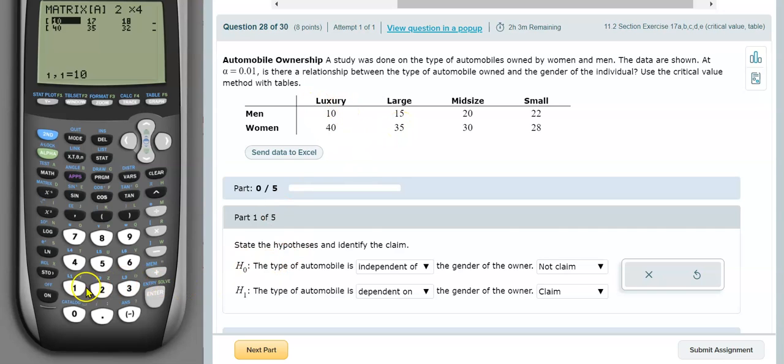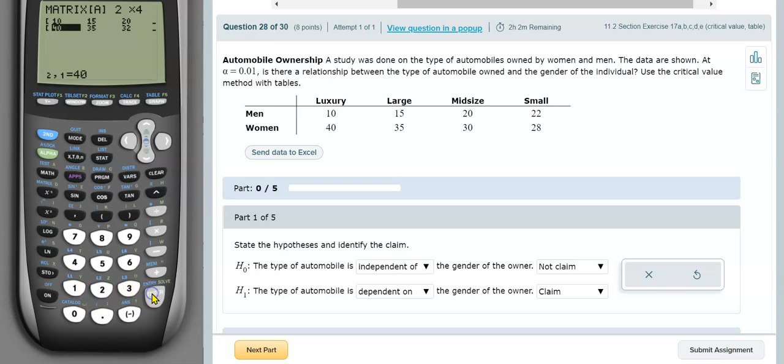The first entry is 10, and enter. You see the highlighted cell moves to the next one on the right, so we are entering the data row by row: the first row and then the second row. So I'm going to go with 15. I think you get the idea. 20, and then 22.